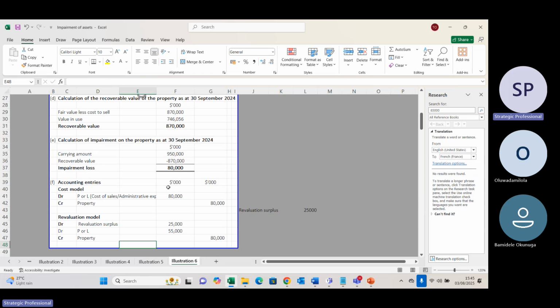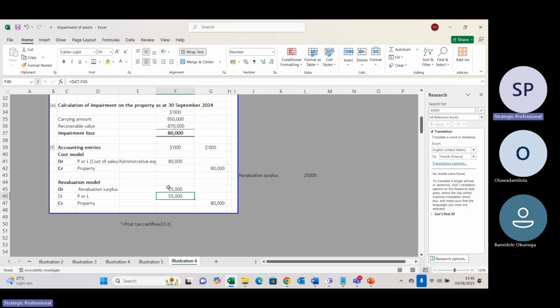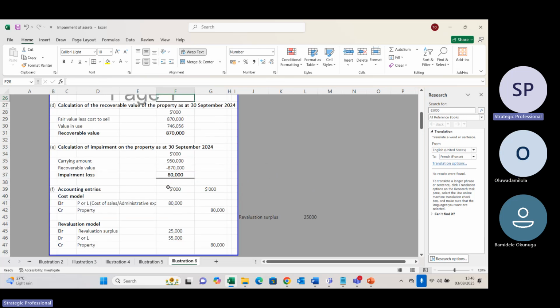Please, let's also bear in mind that once you see an asset that has been revalued, you need to be very mindful of the accounting treatment. You will first take it to revaluation surplus up to the extent of the available balance in that account. Then, if there is a difference, you take it to P&L. Let's assume that this impairment loss was 20,000.